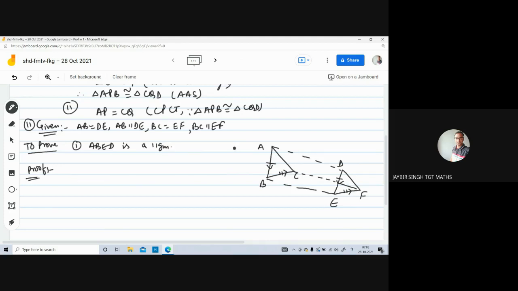See, in quadrilateral ABED, what is given? AB is equal to DE and AB parallel to DE. So now, if in any quadrilateral one pair of opposite sides is equal and parallel, then it will be a parallelogram by definition. Therefore, ABED is a parallelogram by definition.